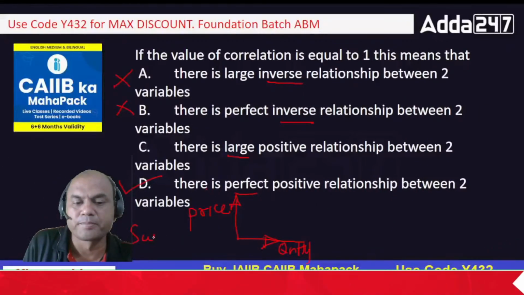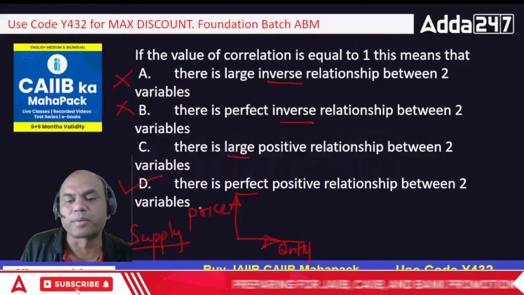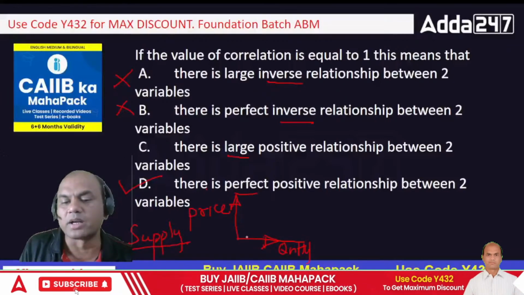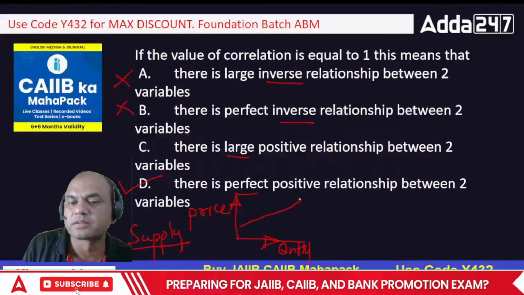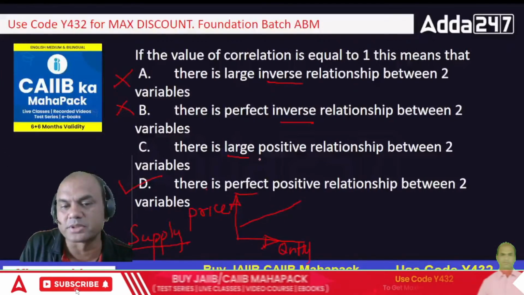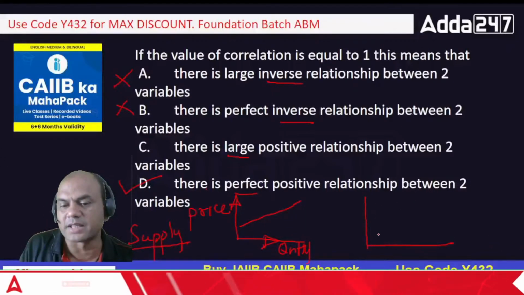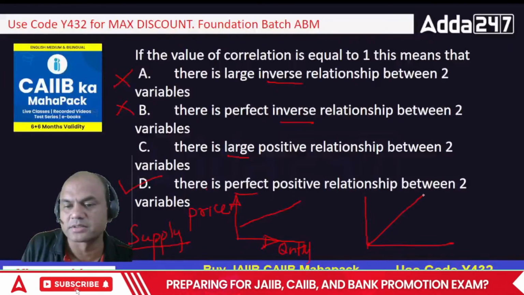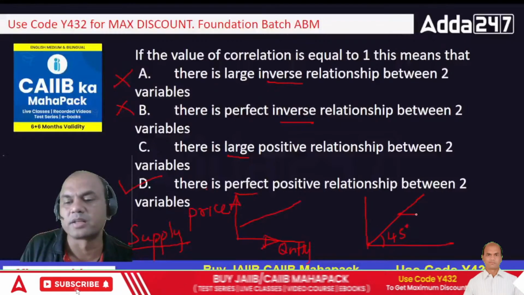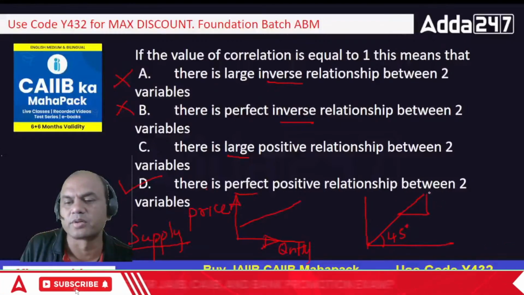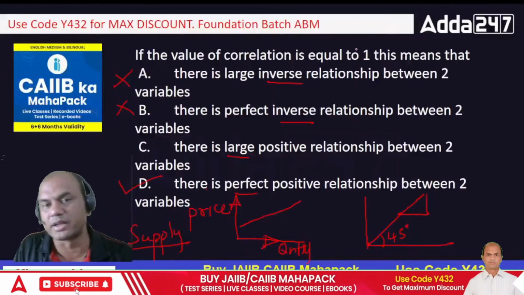Now you don't have this in your portion, earlier you had it. As the price moves up, the quantity supplied will go up, so the graph will move like this. This is large positive because this is not 45 degrees. And 45 degrees means exactly like this, it starts here and this angle is 45 degrees. So this is equal to 1. This is actually the slope. Slope is equal to 1. So it is a perfect positive relationship between the two variables when it is equal to 1.